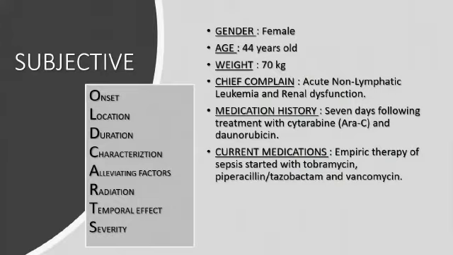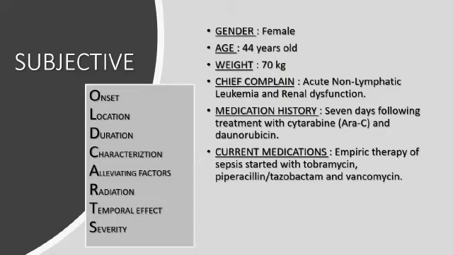Let's start with subjective. In subjective, we use OLD CARTS. OLD CARTS means onset, location, duration, characterization, aggravating factors, radiation, temporal effect, and severity of the disease.